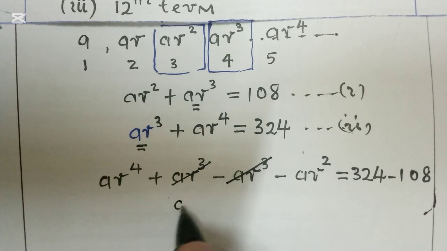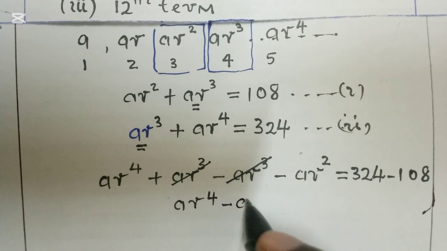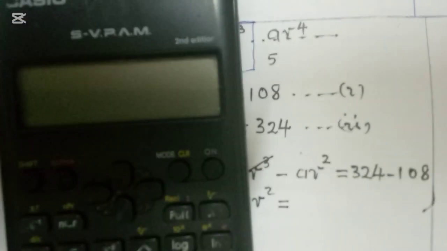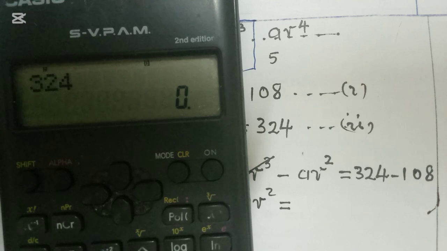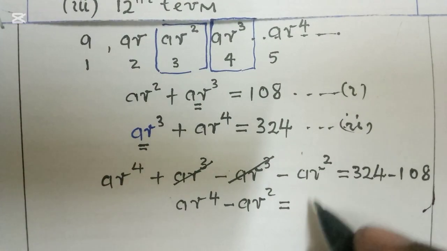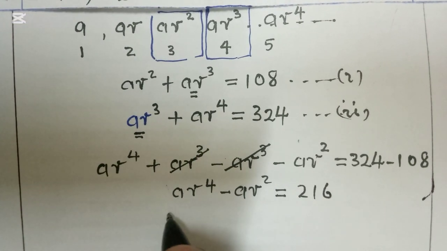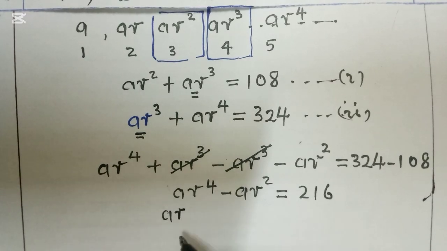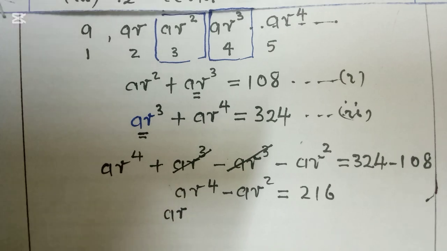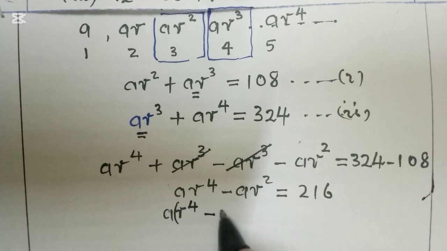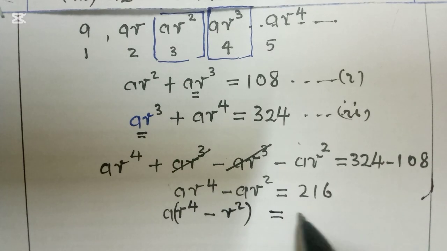So we are left with AR^4 minus AR^2, and this gives us 324 minus 108, which is 216. Now we can factor out A. If we factor out A first, we have A(R^4 minus R^2) = 216.